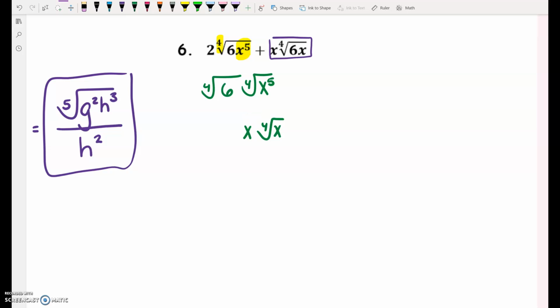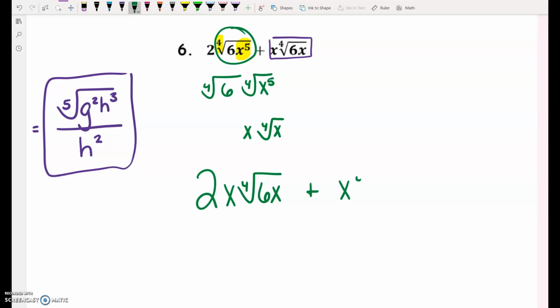Okay, I drew this kind of funky, but this ends up being 2x, 4th root of 6x. I pulled an x out because there's a group of 4, and then there's 1 left over under the radical. And then we have the original plus x times the 4th root of 6x.